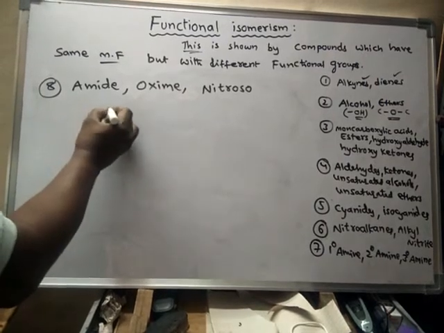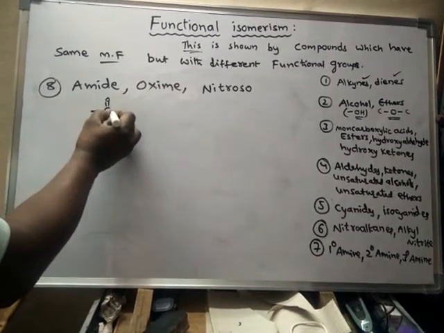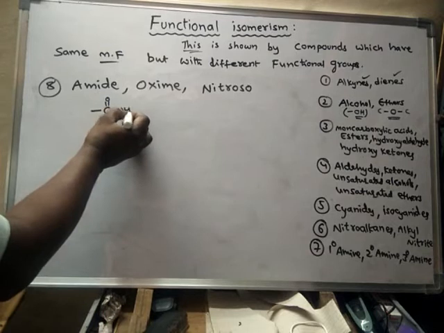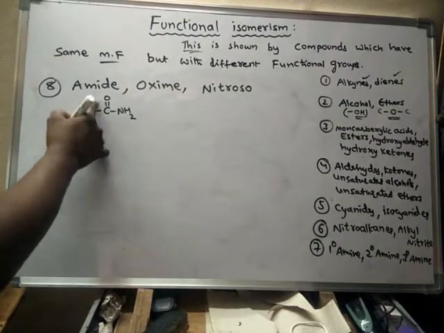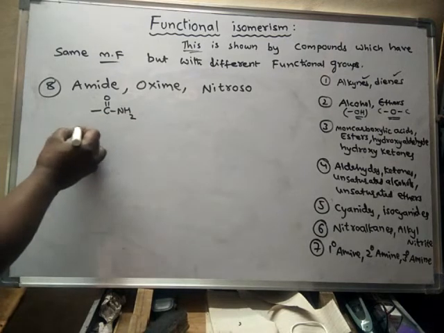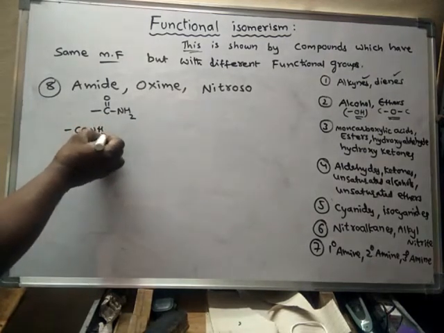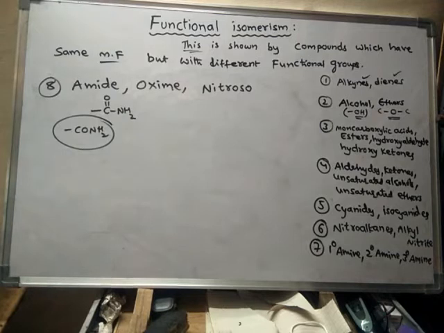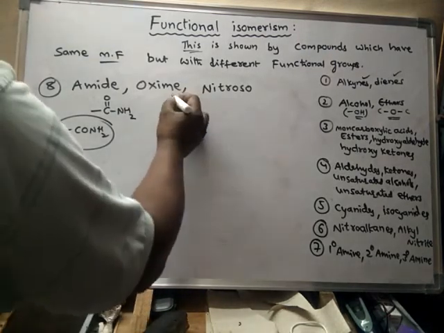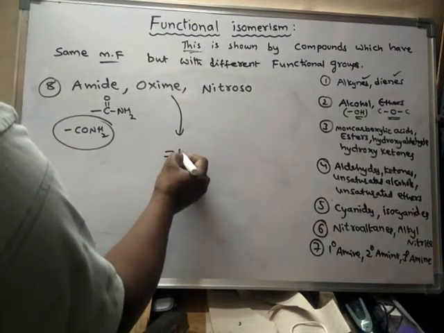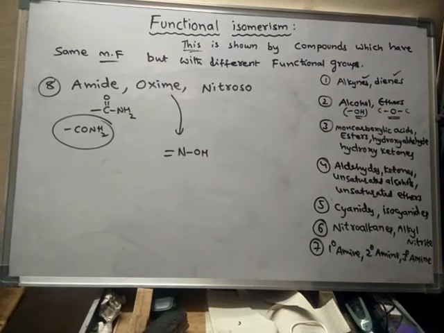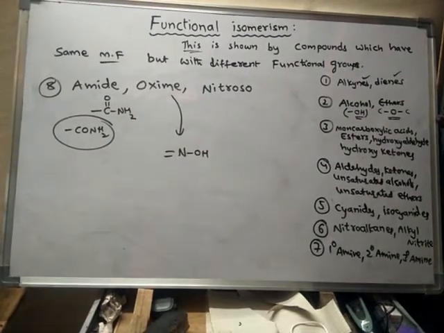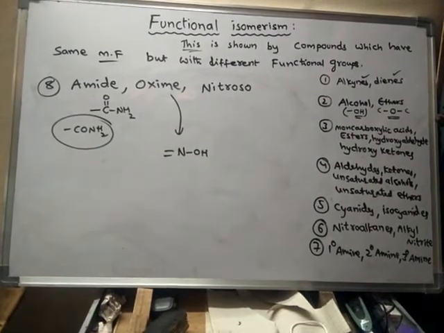Amide means this is the functional group for amide, CONH2. Generally we call amide CONH2. We will write it like this, the amide functional group. Then what is oxime? Oxime means here double bond NOH. So this is the oxime functional group.